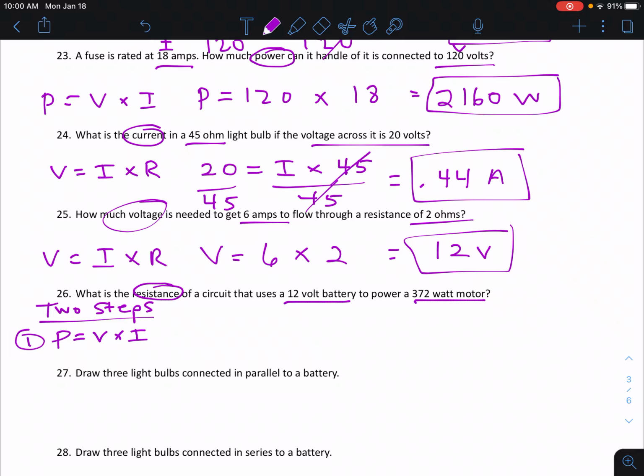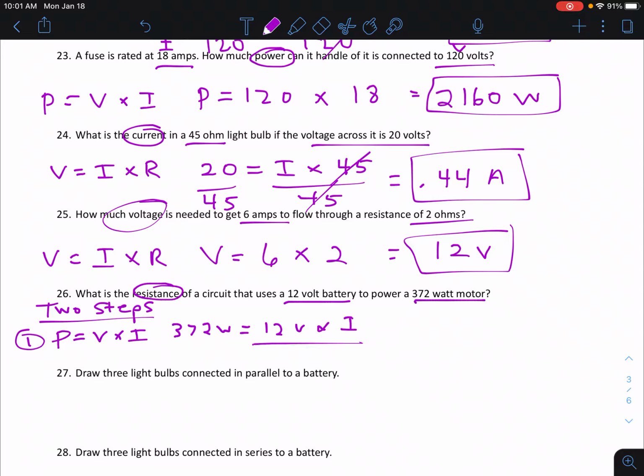The first step is to use the information that we have, which is the voltage and the power. So we can use power equals voltage times current, which is 372 watts equals the voltage, 12 volts, times our current, which we don't know.